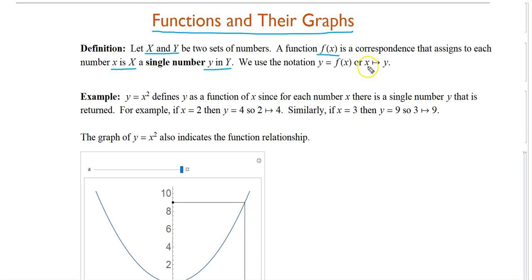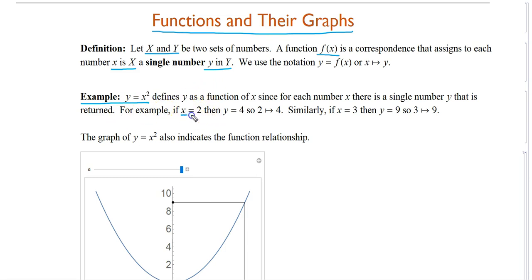Or, like this, we say the number x is mapped to the number y. That's what that little arrow notation means. For example, you've been dealing with functions for a long time now. Whenever you're given an equation like y equals x squared, this defines y as a function of x, since for any number x that you're given, you put that number in the equation for x, and you get back a number y.